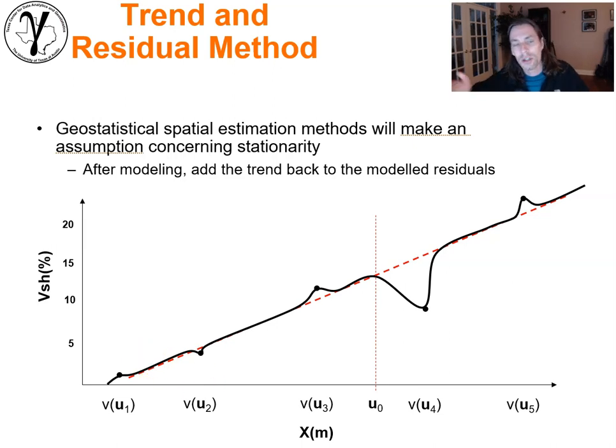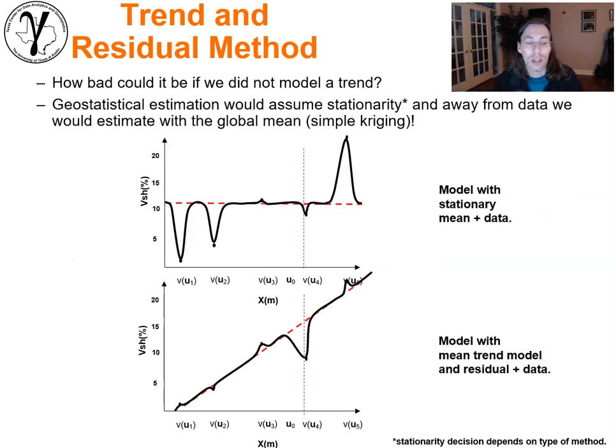Now, why do we want to do the trend removal, model the residual, add the trend back in type of workflow for modeling? Because if we don't, this is what we would get. If we tried to build the model in the regular space without removing the trend first in the regular V-shell, we would be assuming some global mean for V-shell away from correlation. At the range of correlation away from any of these training data or data samples, we're going to estimate with the global mean.